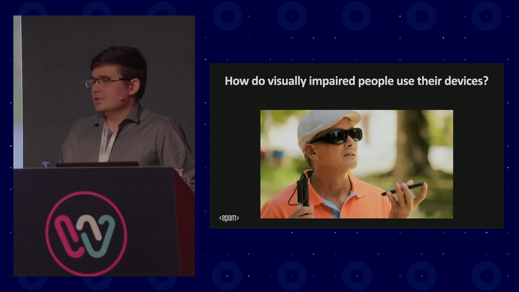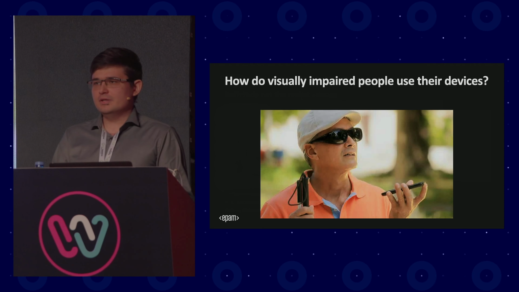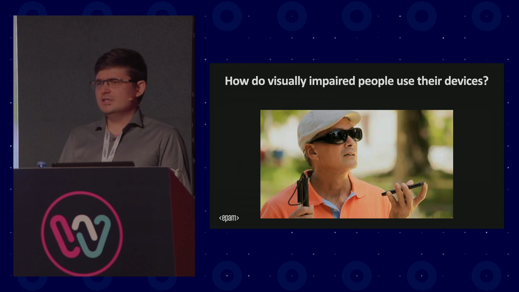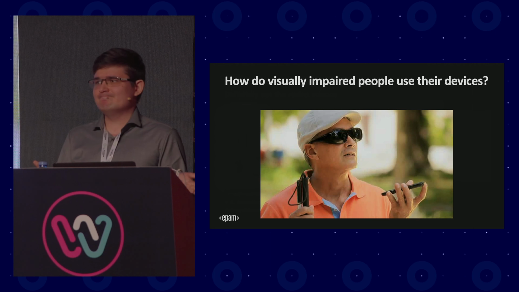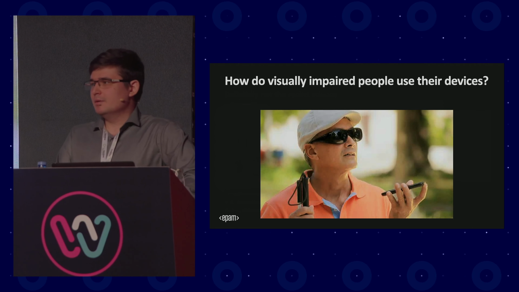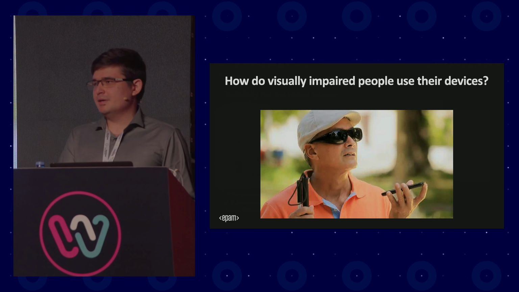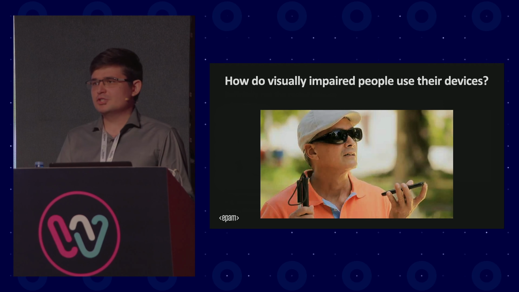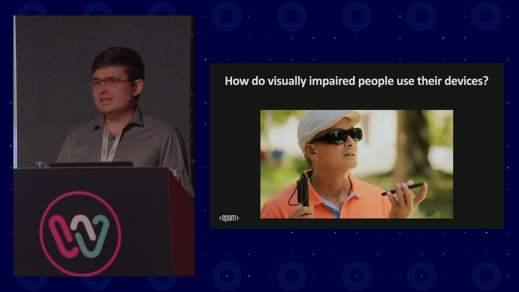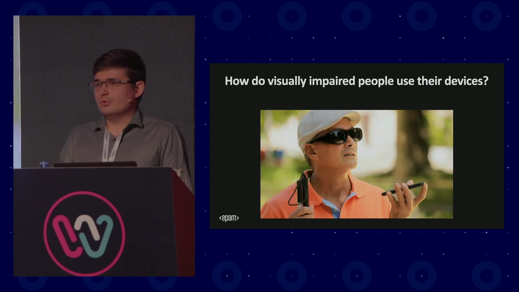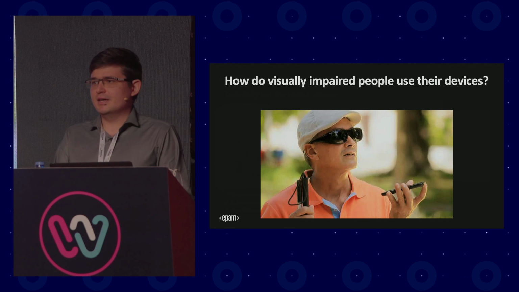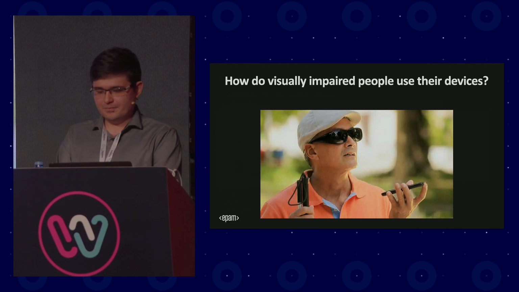Now let's talk about how visually impaired people use their devices. They do this the same as us, actually, because they rely on multi-touch gestures like swiping, slides, and multi-finger gestures. But instead of seeing the UI, they hear. So they rely on an assistive technology called VoiceOver.